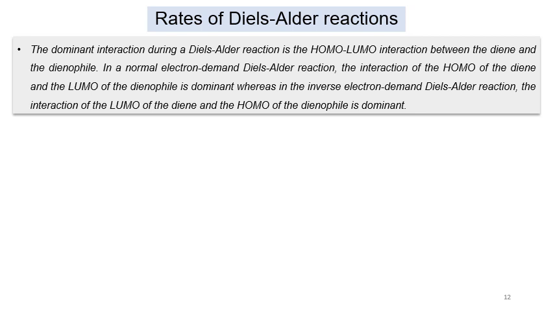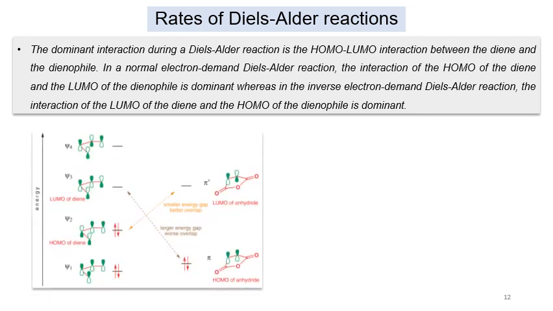In a normal electron demand Diels Alder reaction, that means a dienophile that has an electron withdrawing group, the interaction of the HOMO of the diene and LUMO of the dienophile is the dominant interaction. Whereas when you change the electron demand, that is an inverse electron demand Diels Alder reaction, you will consider the LUMO of the diene and the HOMO of the dienophile.